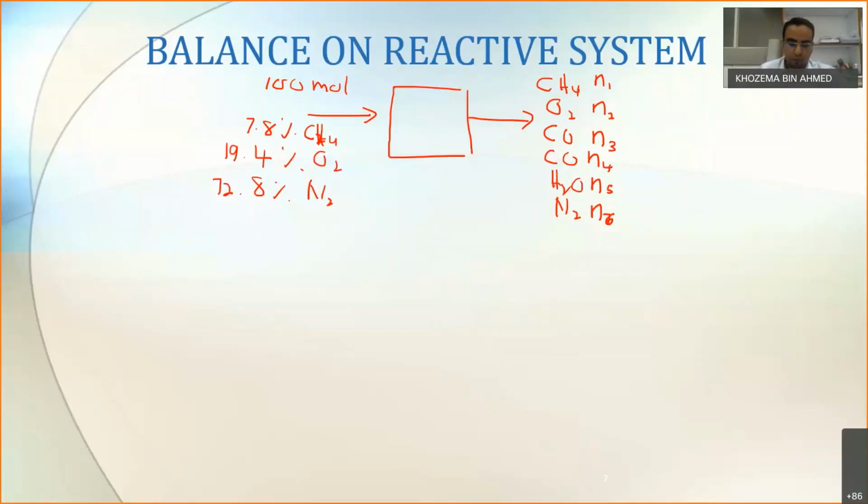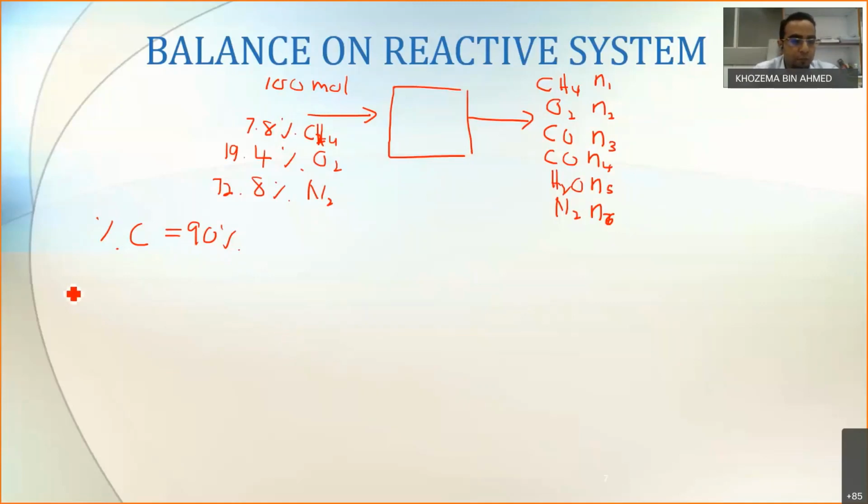First of all, let's look at what other information is given to us and how we can use it. The first is the percentage conversion, which is equal to 90%. This means that 90% of our methane feed is converted and the remaining 10% is unreacted.